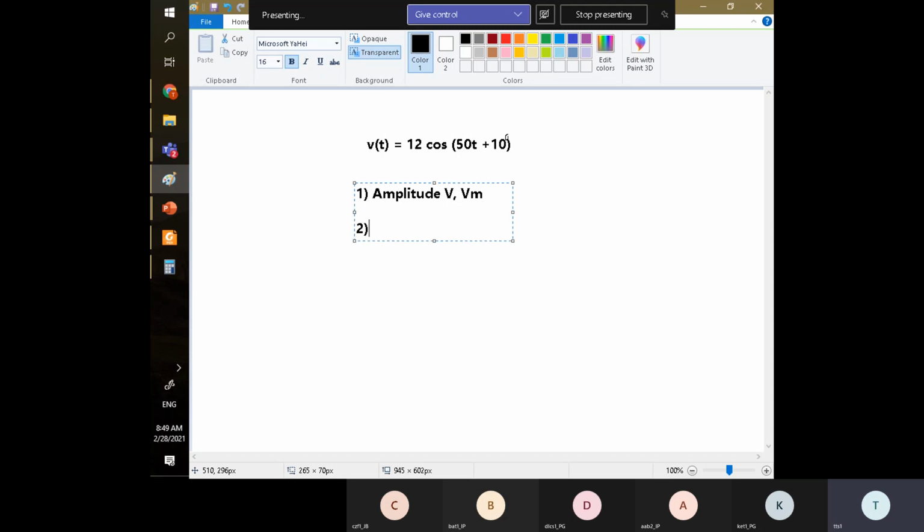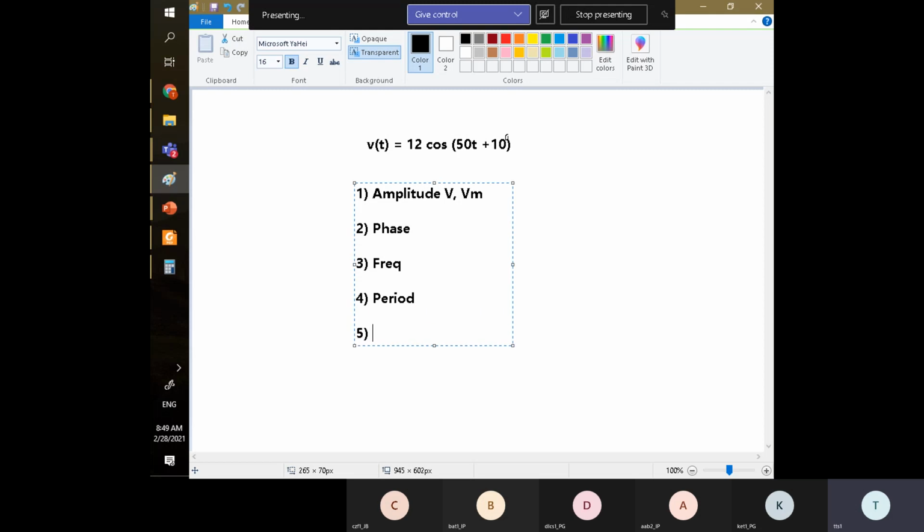Second, find the phase. Third, find the frequency. Then find the period.